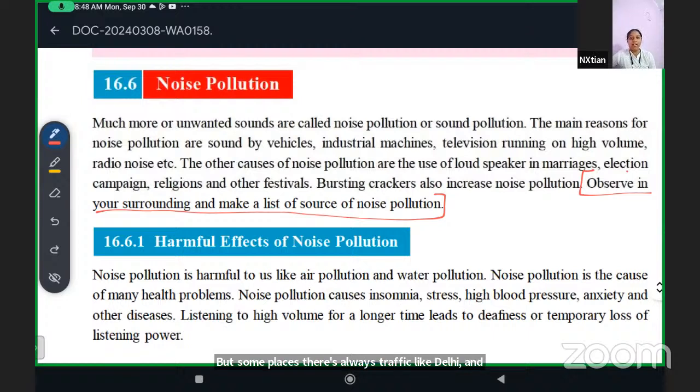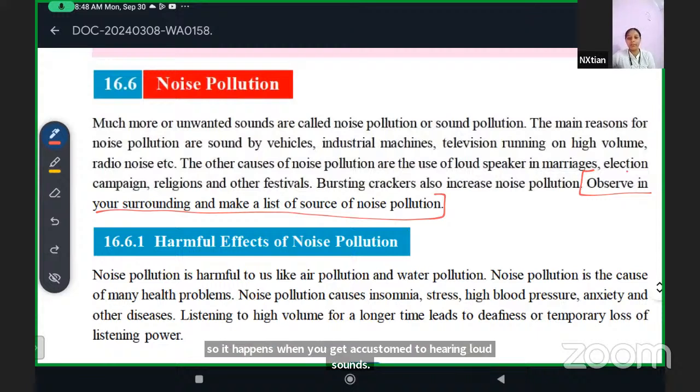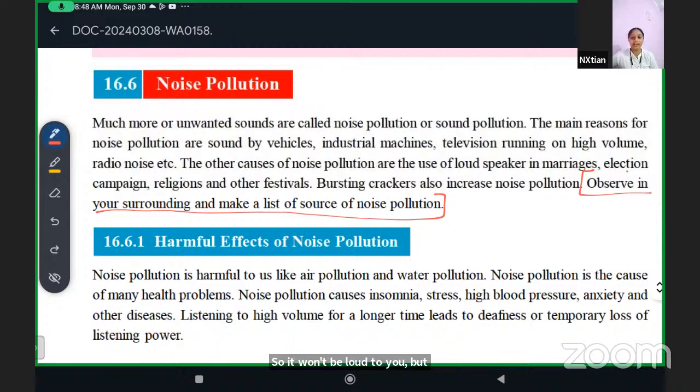Some people who go to Mumbai afterwards, when they hear a loud sound, will say, this is not even a loud sound. So it happens when you get accustomed to hearing loud sounds. It won't be loud to you, but for people who are not accustomed to it, it will be noise.